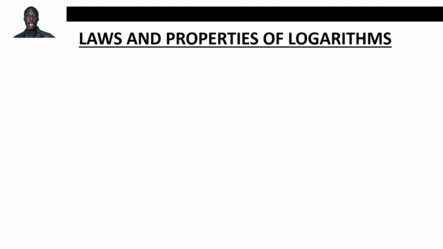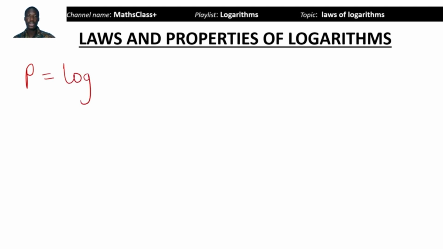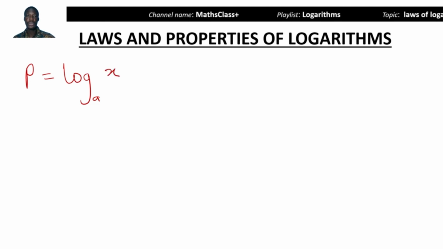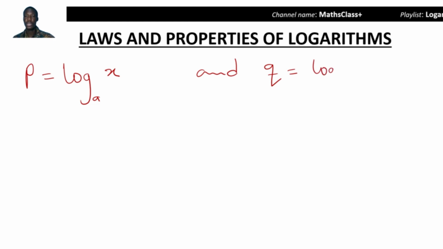We continue to look at the laws and properties of logarithms. Now, before we look at the laws and properties of logarithms, let us establish the following conditions. We are going to assume that P is equal to log to the base a of x, and then we will also assume that Q is equal to log to the base a of y.